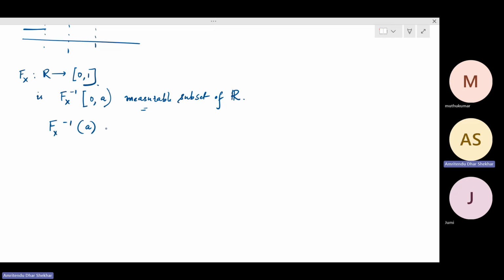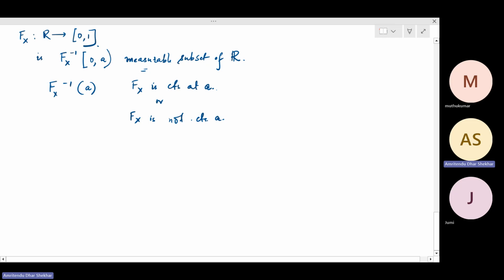One is that F_X is continuous at a, or F_X is not continuous at a. Now, if F_X is continuous at a, then of course what you need to do is this F_X inverse of this.